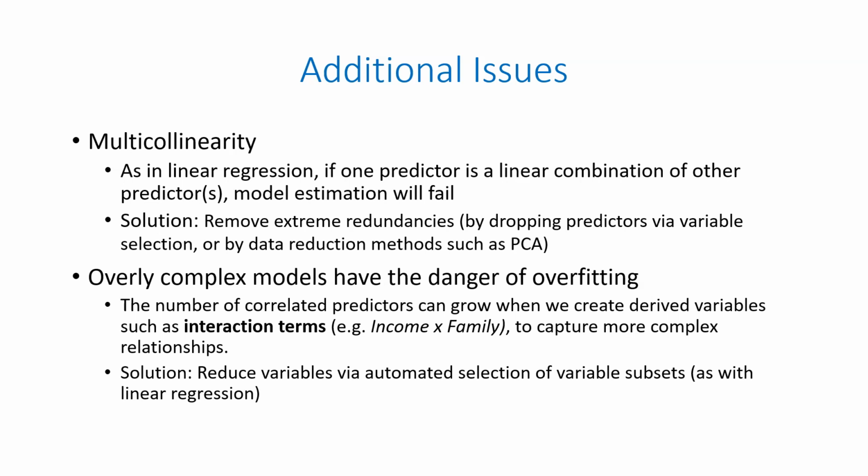On one hand, these derived variables can increase model flexibility and help capture complex relationships in the data. But on the other hand, it also creates complexity and may lead to overfitting. One solution to this problem is to use the automatic variable selection process to reduce the complexity of the model. Popular techniques such as forward selection, backward elimination, stepwise reduction, or best subsets can be applied to achieve that.